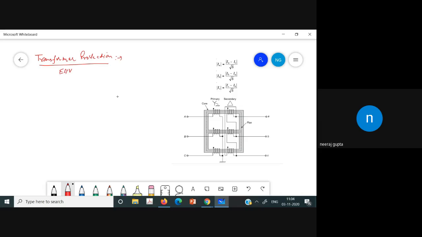So, various types of transformers are used in the industry. We can list them. We will have the generator transformer, which is used at the generator terminal to increase the voltage level for the transmission system.